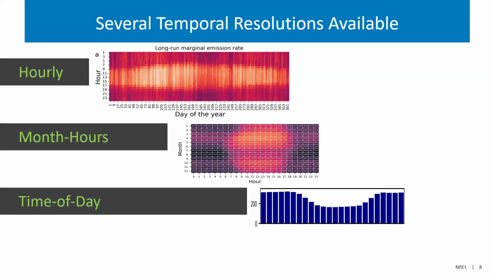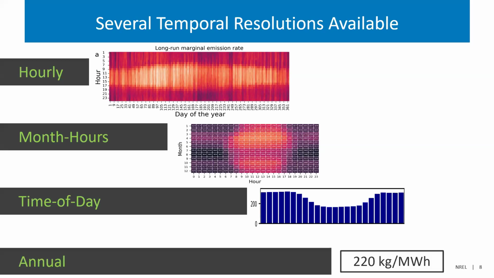We also provide aggregations where we take it a step further and aggregate to a 24-hour vector, so it's the time of day. If you don't have seasonal information but still care about the diurnal trends, we have data that we've aggregated for you to download. Lastly, we provide annual aggregations. It's all the same data; this is just the weighted sum on an annual basis of whatever metric you're looking at.